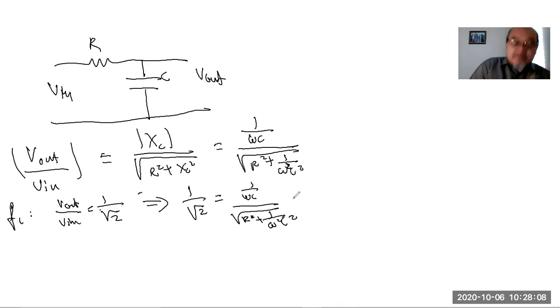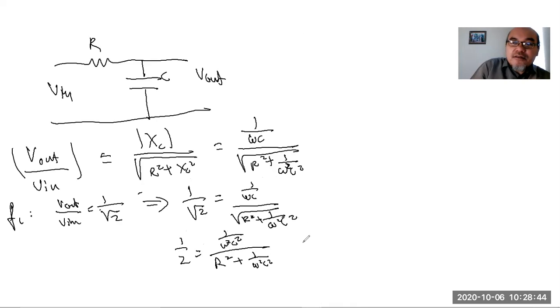If we square both sides, this becomes half. This becomes 1 over omega square C square divided by R square plus 1 over omega square C square, the square root now gone.